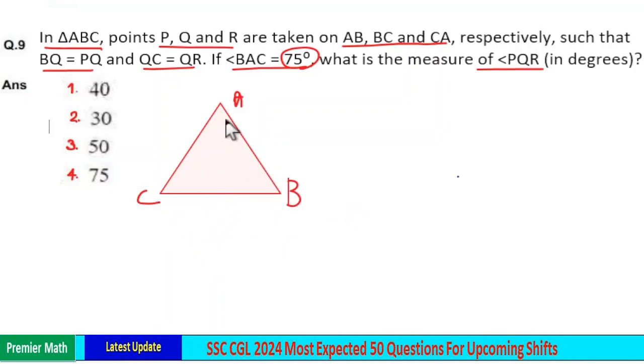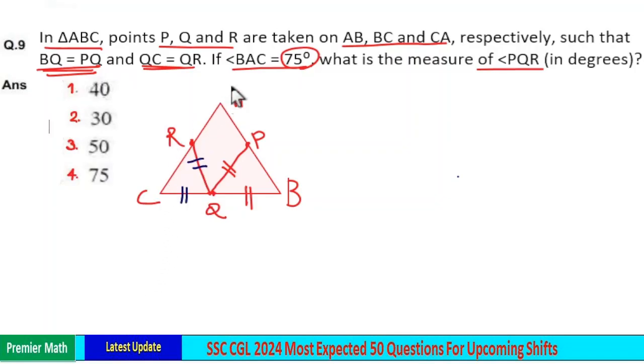Now these points P, Q, R are on AB, BC and CA. And here BQ is equal to PQ. PQ is this side, which is equal to BQ. So these two sides are equal. And QC is QR. QC is equal to this side, which is equal to QR.